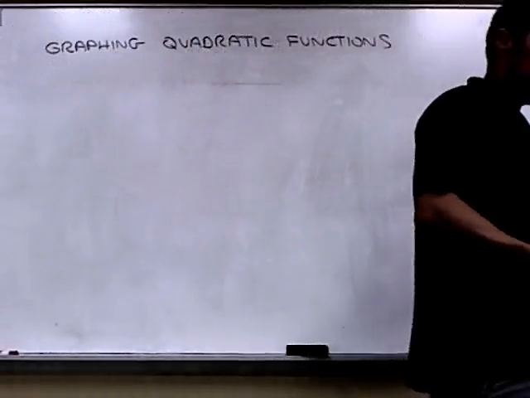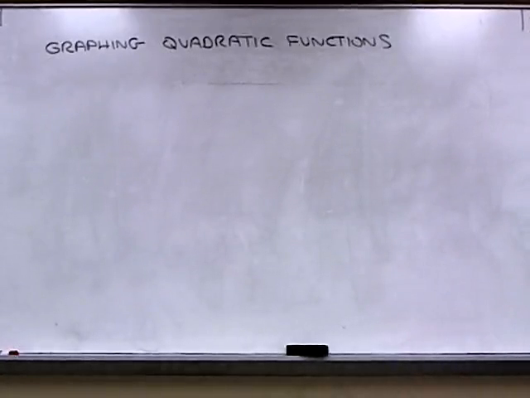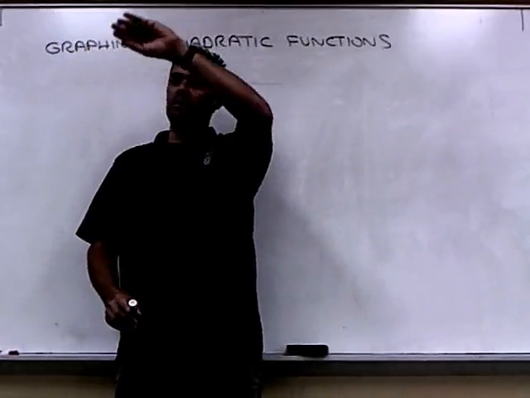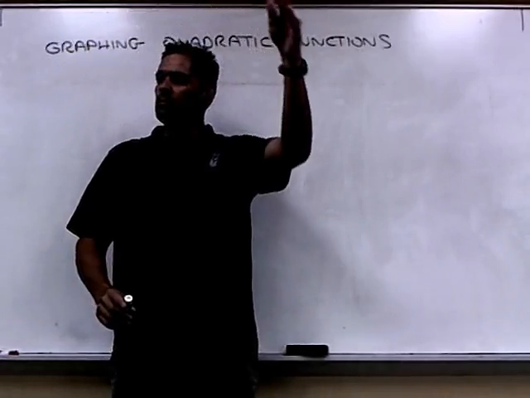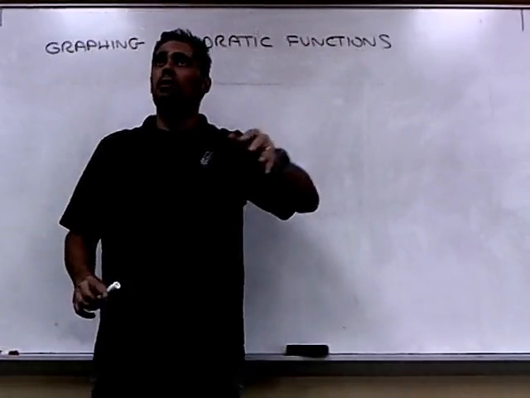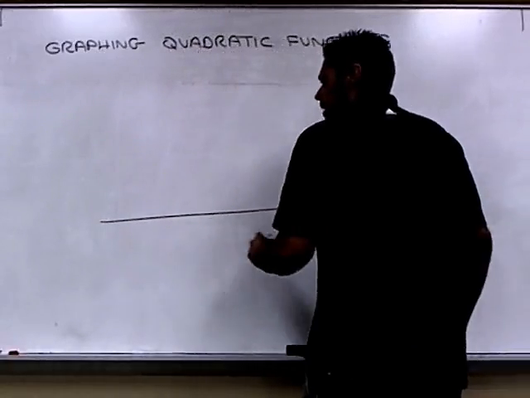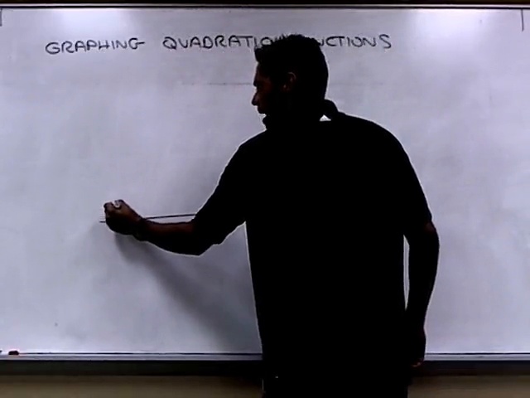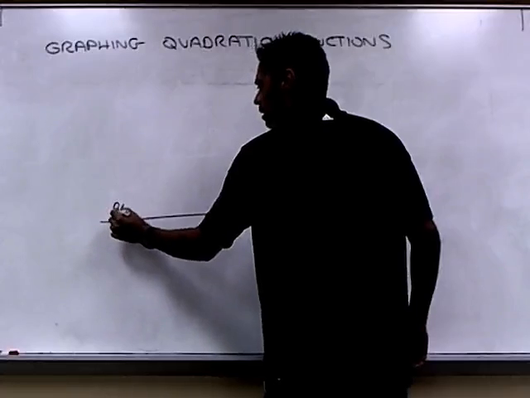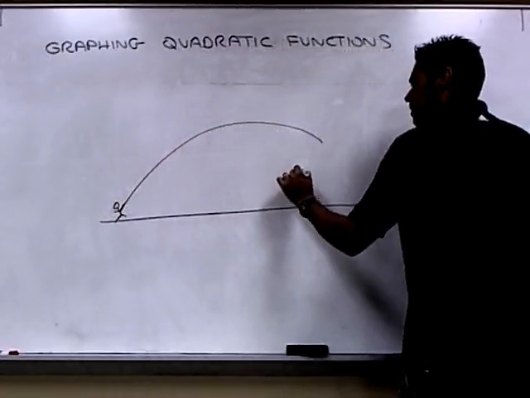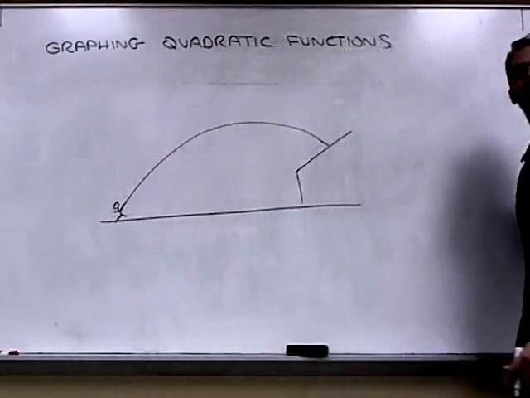Okay, it's parabolic. Any object on any planet with a gravitational force, if you throw it through the air, should travel in a parabolic path. So let's say that I throw a ball, or some baseball player hits a ball, and that ball goes up and then hits the stands, right?